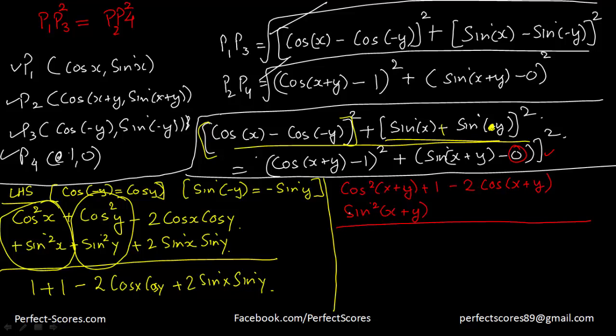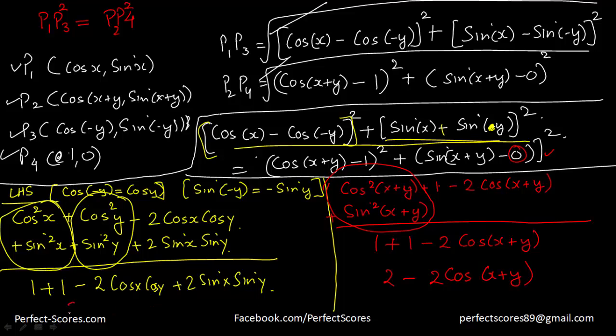If I add both of them up, sine square x plus y and cos square x plus y would be 1, plus this 1, minus 2 times cos of x plus y. So this is nothing but 2 minus 2 into cos of x plus y, and this over here is nothing but 2 minus 2 cos x cos y plus 2 times sine x sine y.